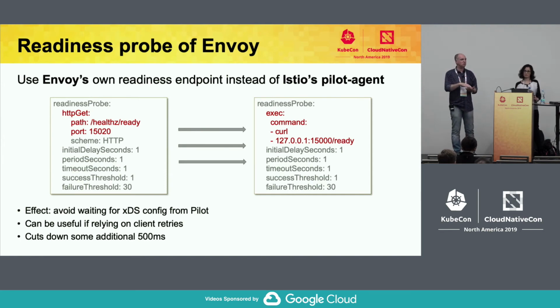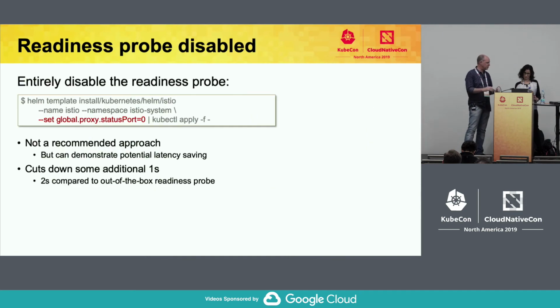So if your code or your callers are going to be retrying that connection, they're going to go once, it fails, go twice, 3 times. So if you have resiliency and retries built into the rest of the system, that is a change that you could make, and it will be ready faster, and you can start redirecting traffic faster. But it really depends on the way that you program the rest of the mesh. So not something that we necessarily recommend.